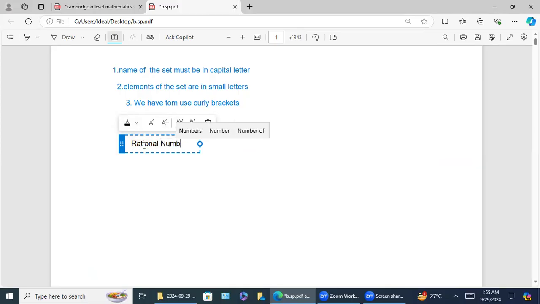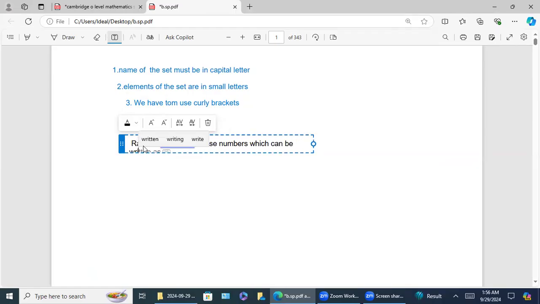Rational numbers are those numbers which can be written in the form of P upon Q. What do you mean by this?